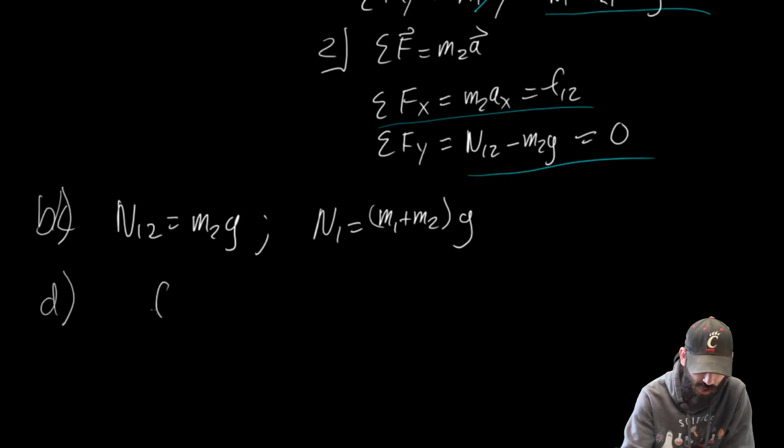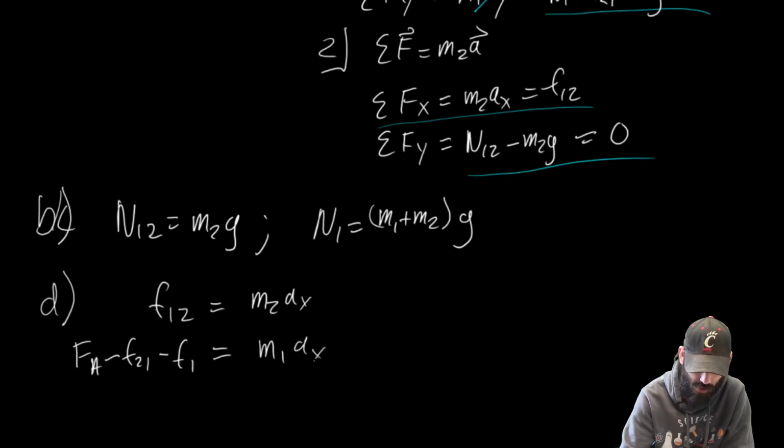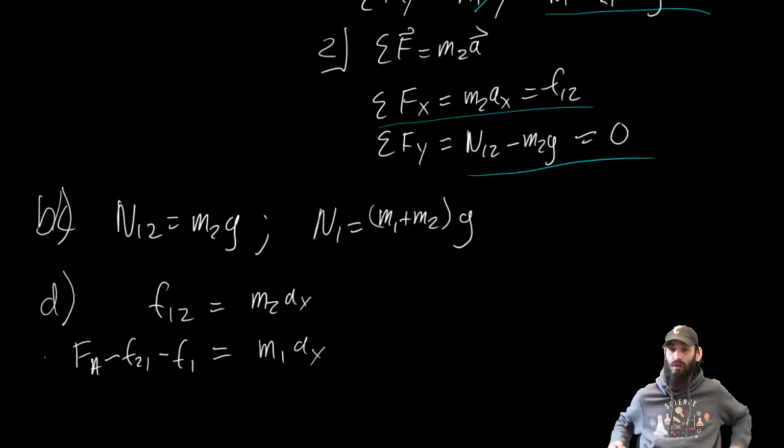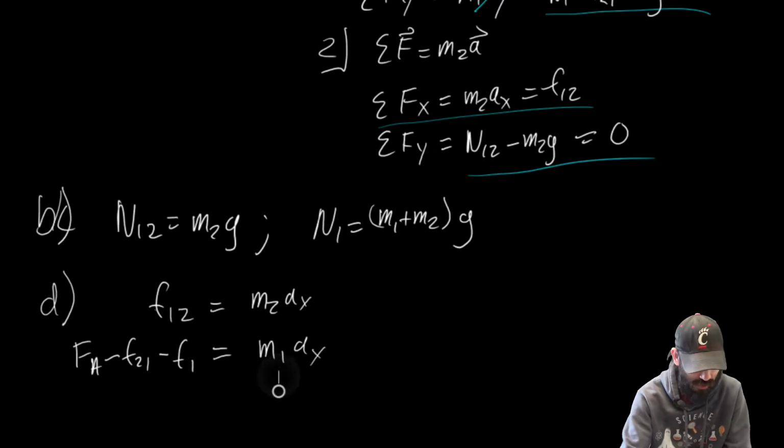We have F12 is going to be equal to M2AX, and then we have, this is going to be the force applied minus F21 minus F1 is going to be equal to M1AX, okay? Now, the trick that we can apply here is we can just add these vertically.